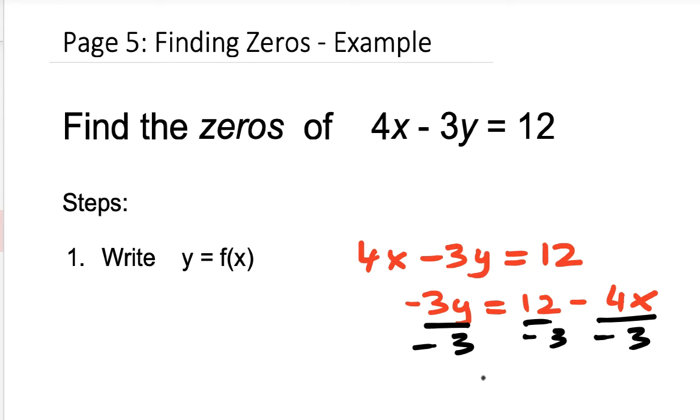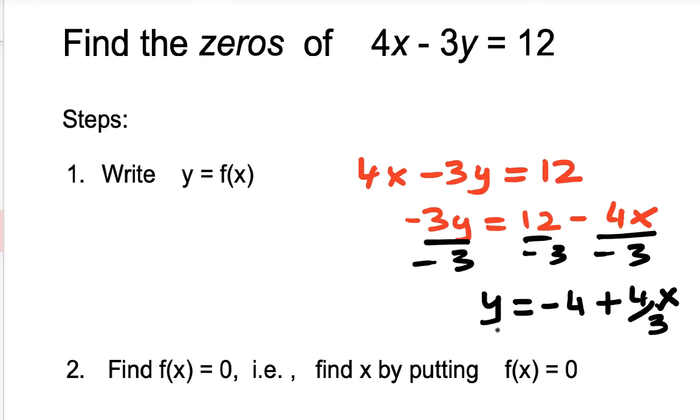What do we get? y equals -4 plus 4 over 3 x. Now, this y, we're going to write as f of x.